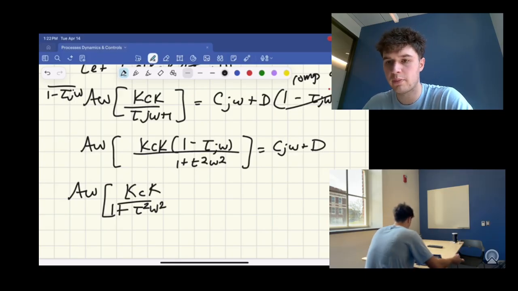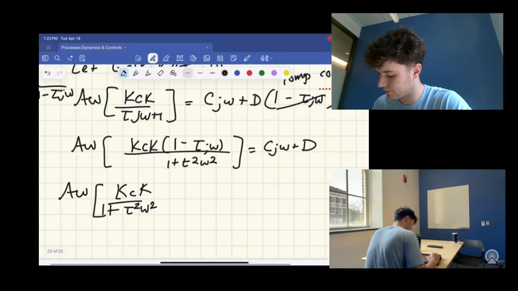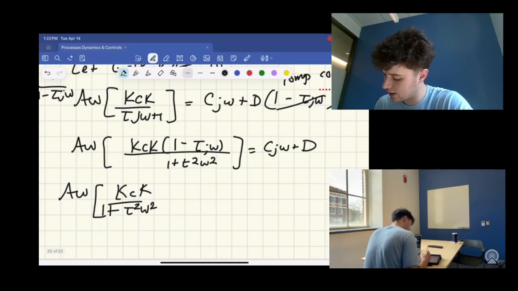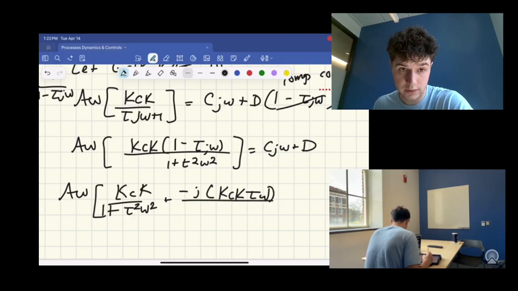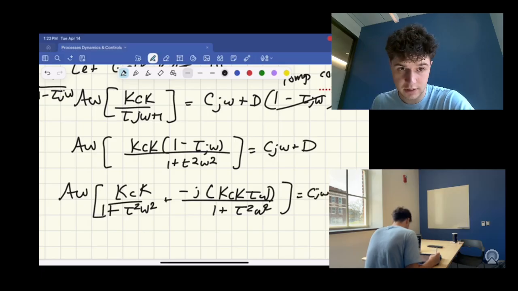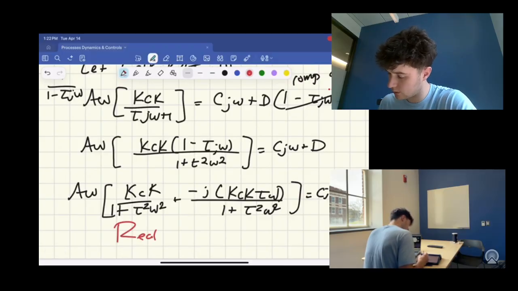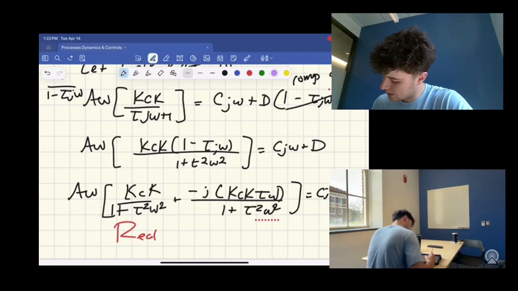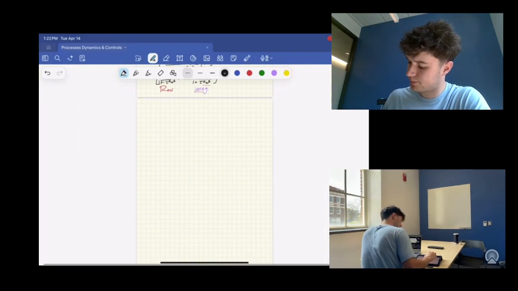And you want to separate the real from imaginary because, as we said up here, j is the imaginary unit, plus negative j times K_c K τω over 1 plus τ squared ω squared, again equal to Cjω plus D. I'm going to label this as real and imaginary. Go to the next page.